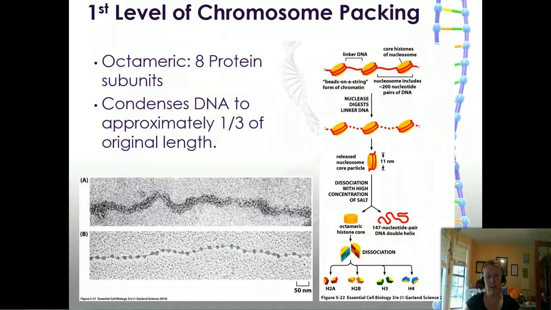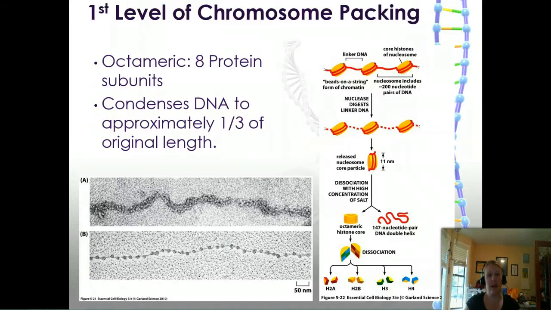And what happens is we can see the first level of chromosome packaging, and you'll hear people describe it as beads on a string. So the nucleosome, which is the histone, plus about 200 nucleotide pairs of DNA, and that's a little bit of what's wrapped around the histone plus a little bit on the sides, and that creates this strand of pearls or beads on a chain or whatever you want to say, and you can see a picture of that here below.